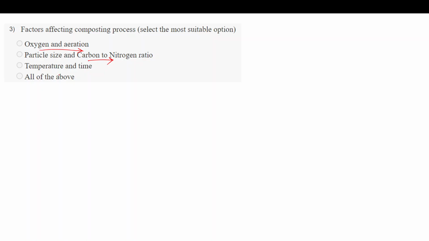Particle size is important because the larger the particle size, the more difficult it is to degrade. Further, the temperature and time matter, because bacteria and microorganisms have their highest activity at a particular temperature, and if you do not provide sufficient time, the composting that you are expecting might not get completed. So all of the above is the correct answer.